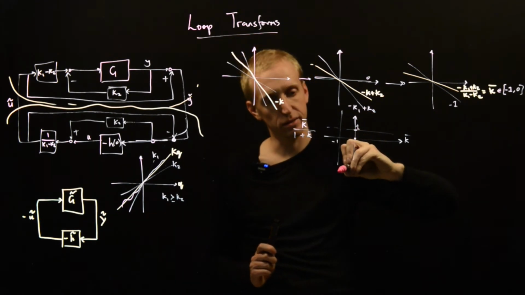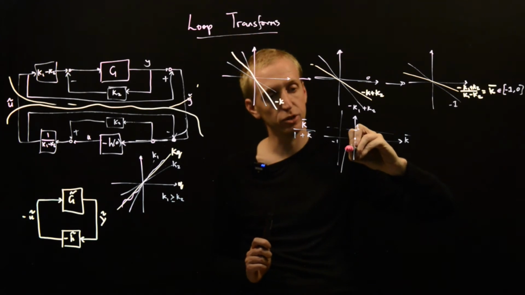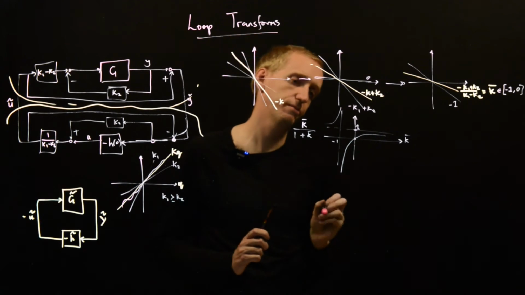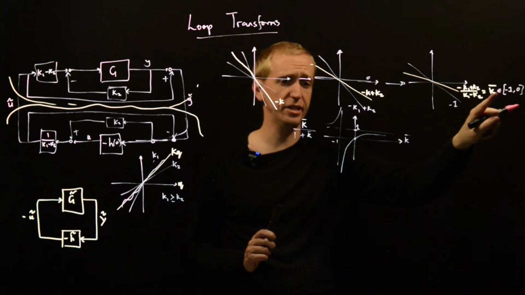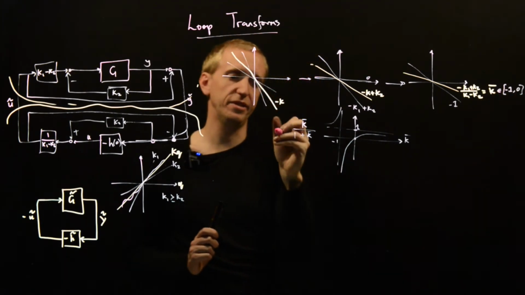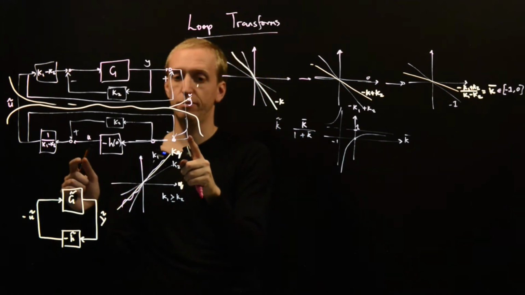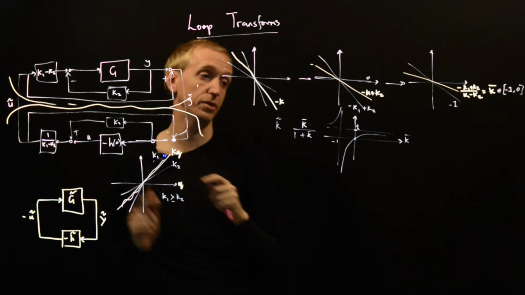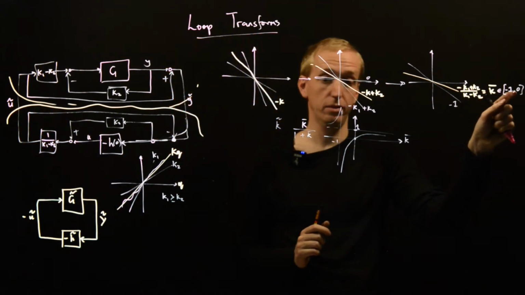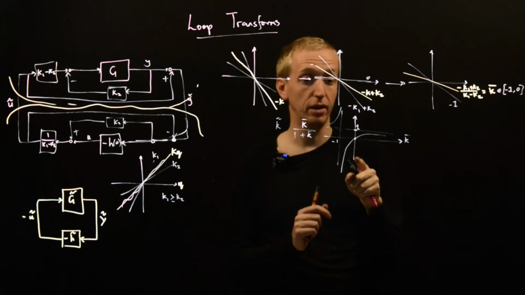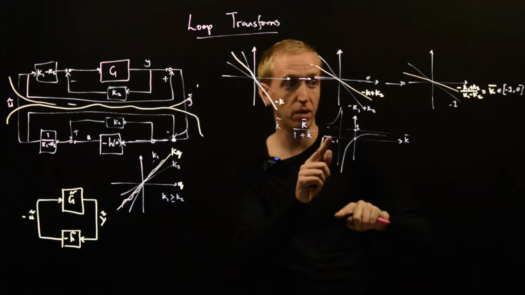So now we see that if we were to graph our function, it looks like this. And so what does this show us? Well, if this is k tilde, so this is the nonlinearity from y tilde to u tilde, well, if k bar lies between -1 and 0, then k tilde lies between 0 and -infinity.